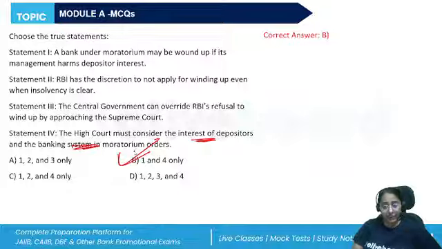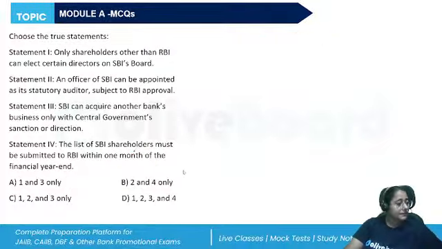And when the Reserve Bank makes an application for winding up, the court is bound to allow the application. It cannot be questioned. All right? Okay.